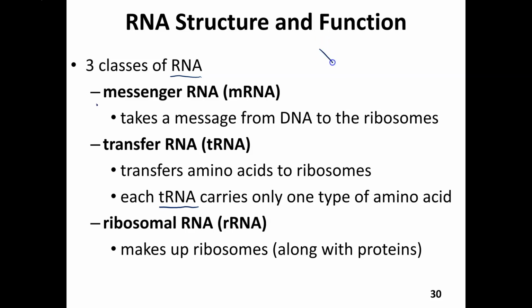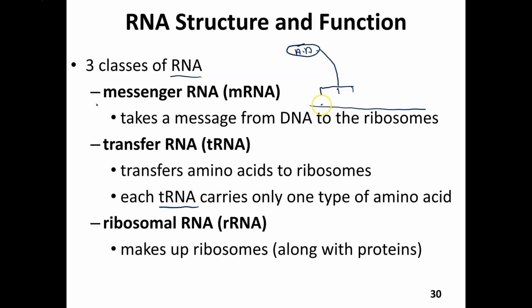So a transfer RNA, and I always like to draw it kind of like this, they have an anticodon here. The anticodon is going to be what attaches to the messenger RNA down here. And then up here, there's going to be an amino acid. And that amino acid is going to be coded for in the messenger RNA.